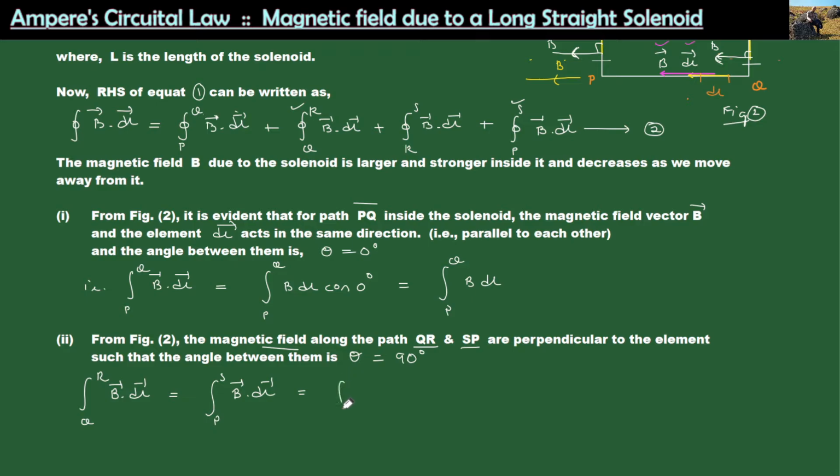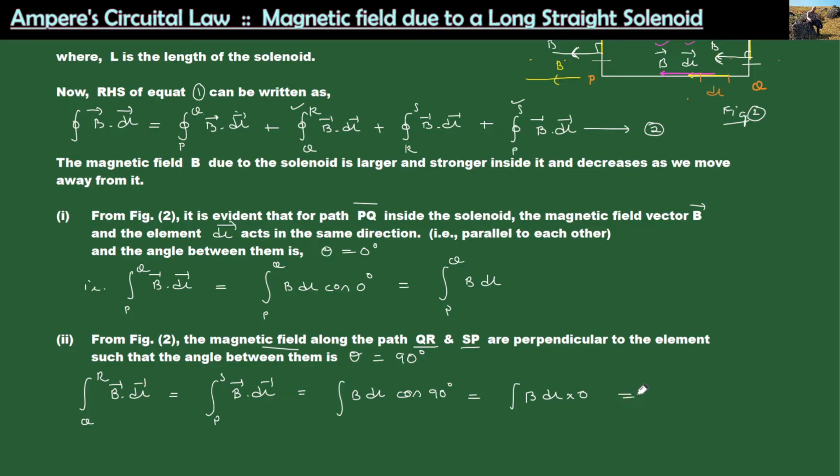I can write only a common integral. So this will be B dl using the dot product, which gives cos of 90 degree, but cos of 90 degree is equal to 0.